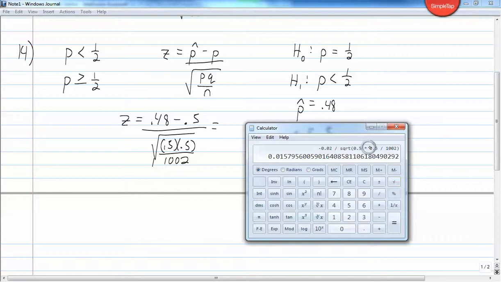It should follow the order of operations, hopefully left to right. There. Alright. I got, if I round that to 3 places, negative 1.266.